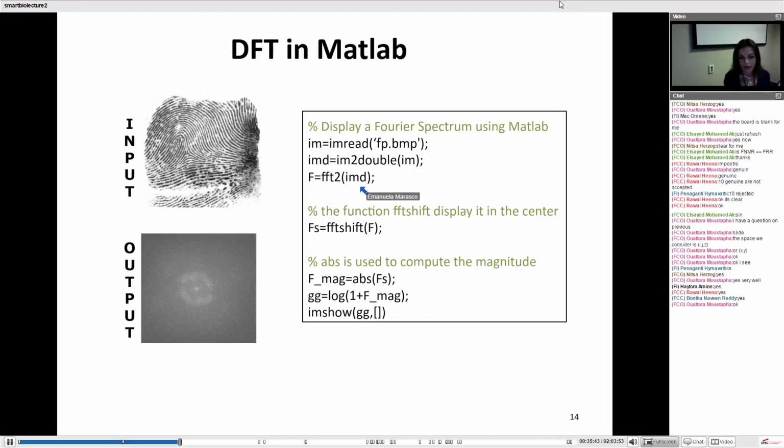Then we apply the Fourier transform to this variable, and the output is projected with a log function, and this is the magnitude spectrum. imshow is the command in MATLAB that lets you visualize the transformed image. So at this point we are in the Fourier spectrum magnitude, and you have this representation. For the high frequency components, you can follow the brighter regions.